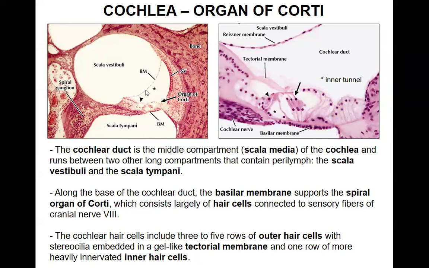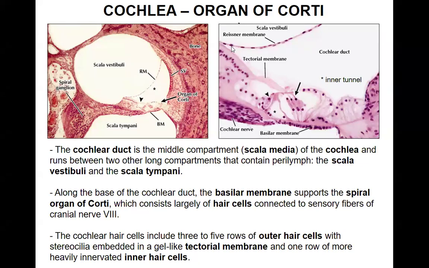This is also soft tissue. It contains some cells, and this is the spiral organ of Corti. And this spiral organ of Corti is easy to understand if you understood the hair cells in the vestibular apparatus, in the maculae and in the ampullae.